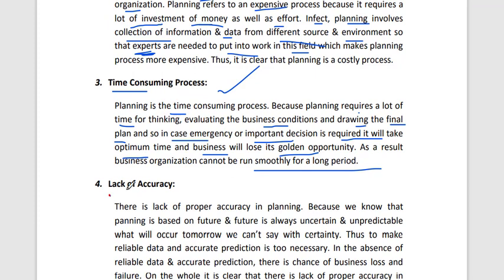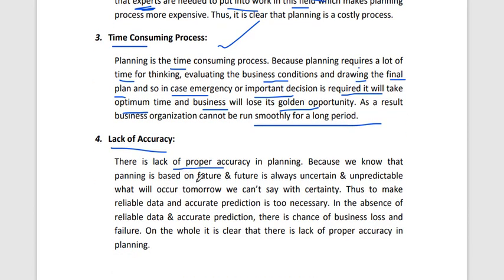Then lack of accuracy. We already know that tomorrow's events we do not know for certain, so there is a lack of proper accuracy in planning. Planning is based on the future, and the future is always uncertain and unpredictable.